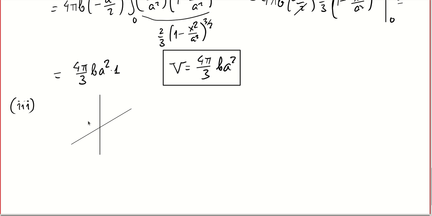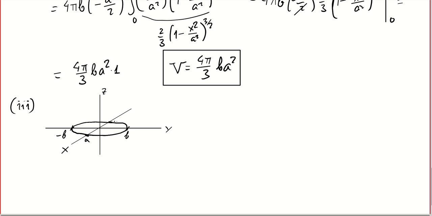So let's try to plot this in the x, y, and z axes. So this is x, this is y, and this is z. Okay, in the plane xy, this is going to be an ellipse, so it's pretty much like this. All right. So this section here is b, minus b. This is a.